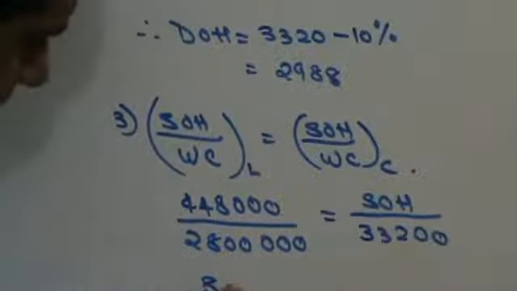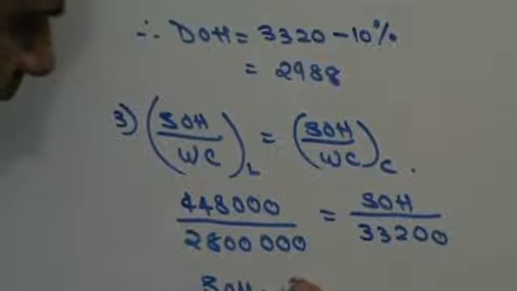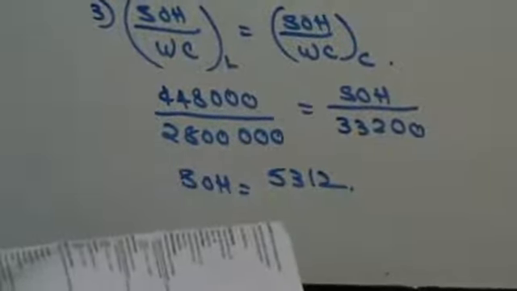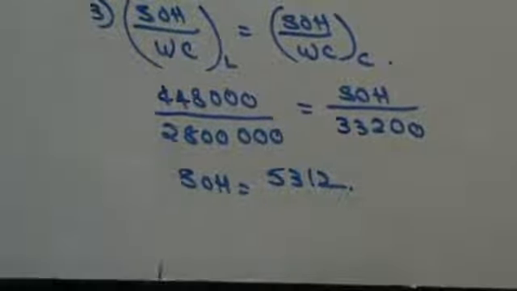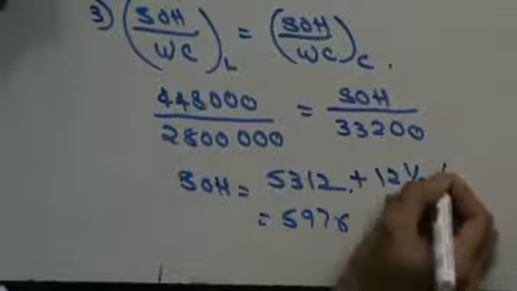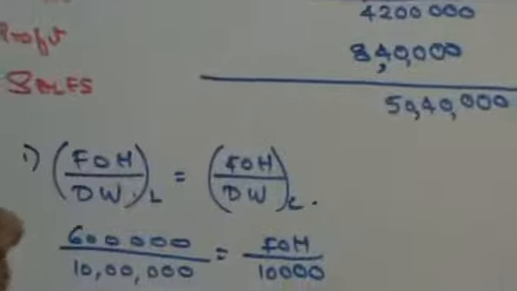So you will get selling overheads to be something like 5312. But they have said that selling overheads have gone up by 12.5%. So add 12.5% to this. 5976. Right? So selling overheads will be 5976. Right? Next, let's see this.